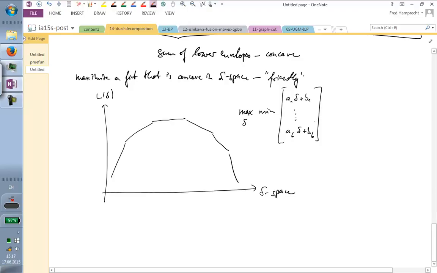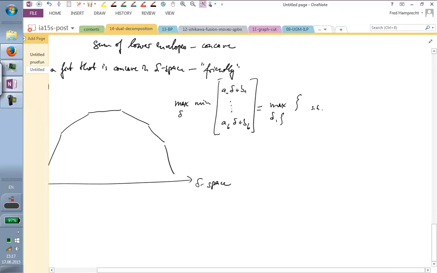The minimum takes the lower envelope of these, and I can now introduce an auxiliary variable psi, and say that I want to maximize over delta and over this auxiliary variable such that psi is always upper bounded by each of these planes.